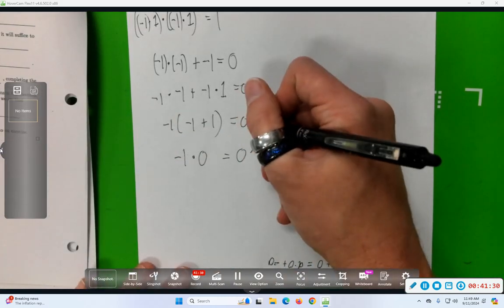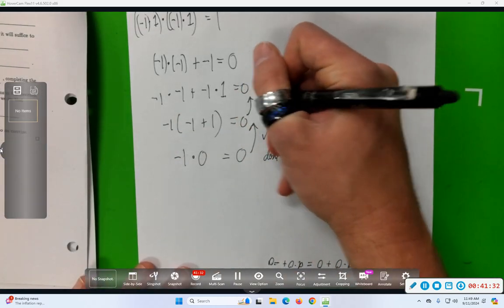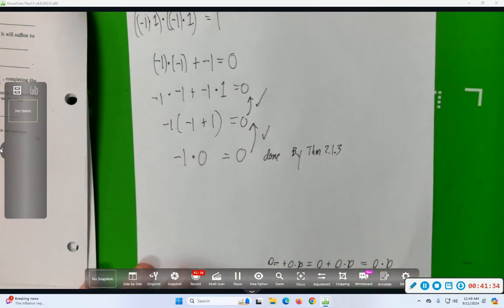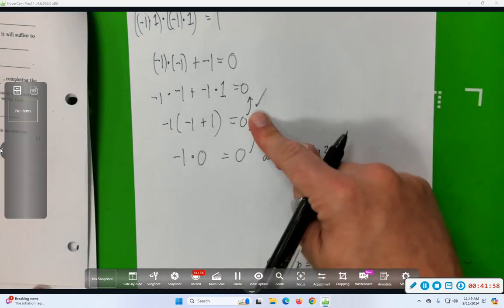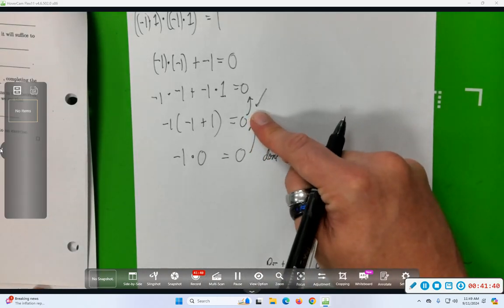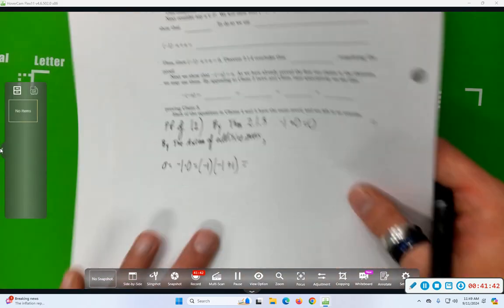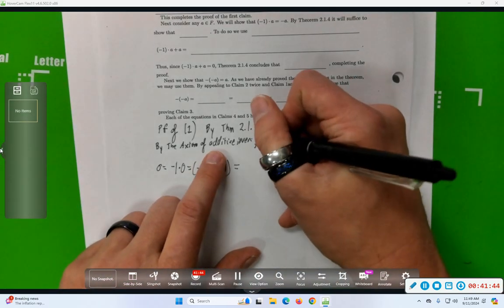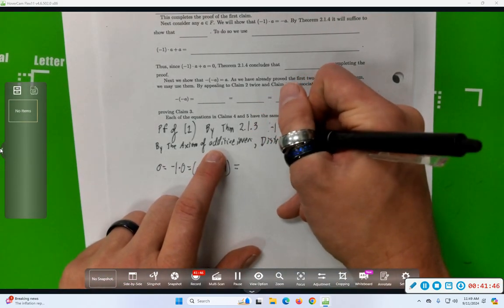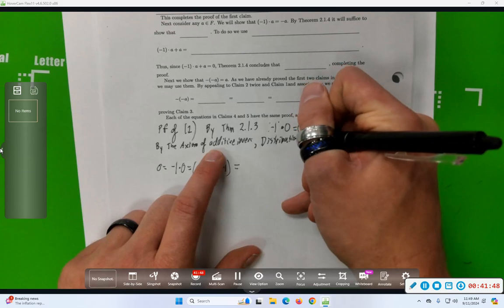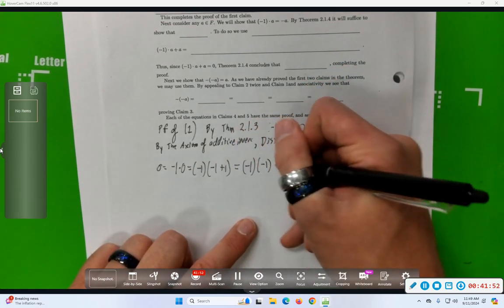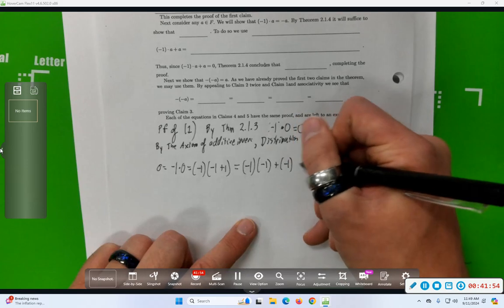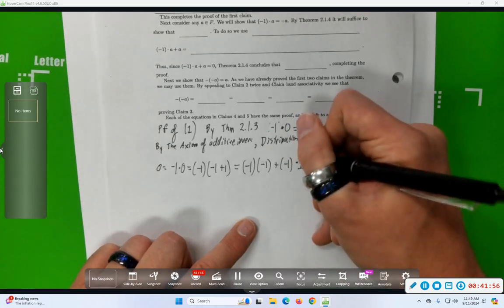All right. So that gets there. How do we get this next step? Axiom distribution. Yeah. By distribution, this gets us -1 times -1 plus -1 times 1.